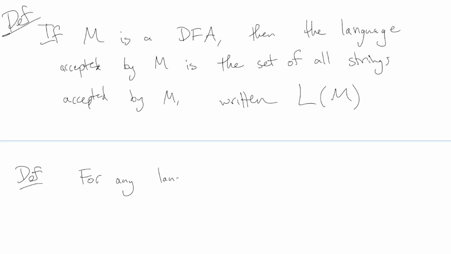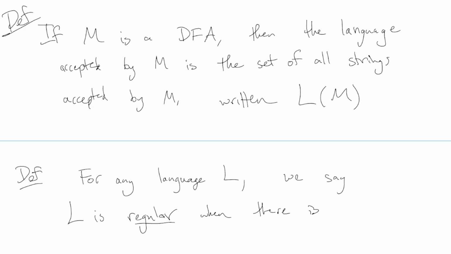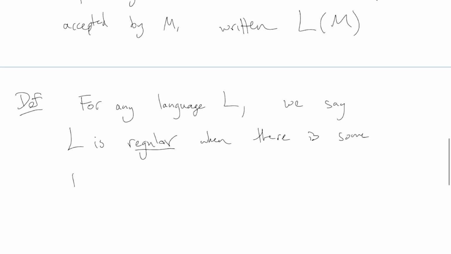For any language L, we say L is a regular language when there is some DFA M such that L is the language of M. All right? That's what it means to be a regular language. So a regular language is one which is the language accepted by some DFA.